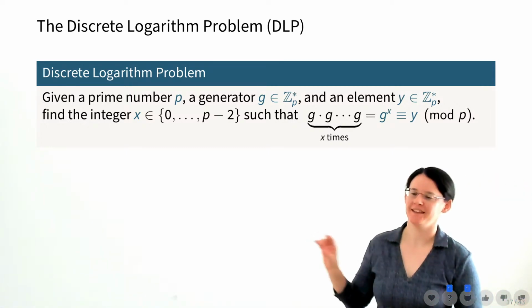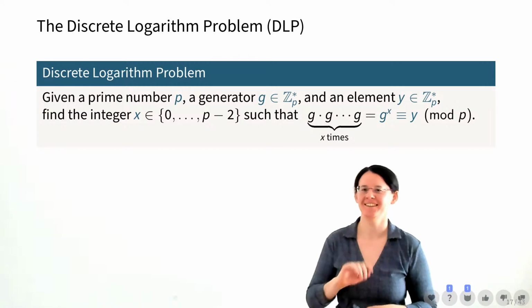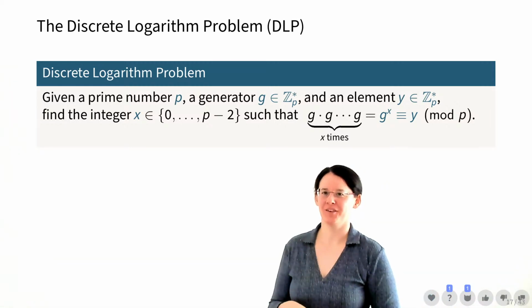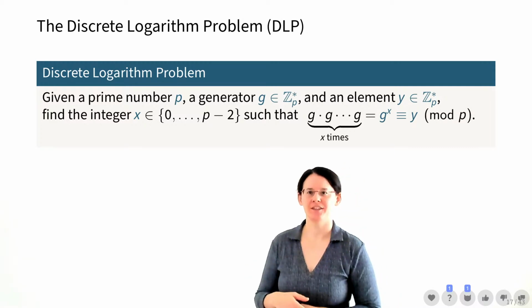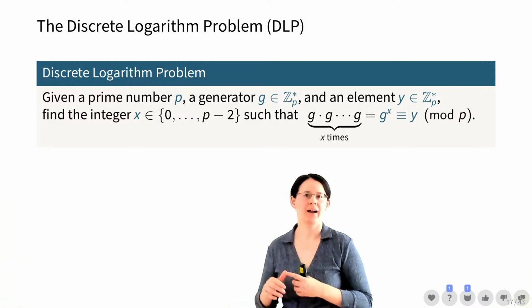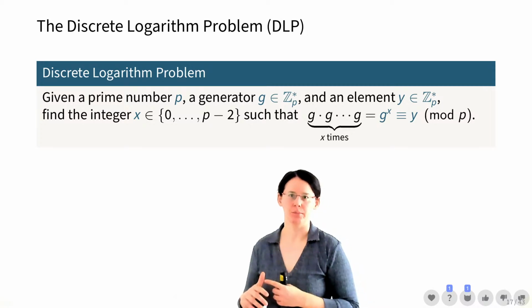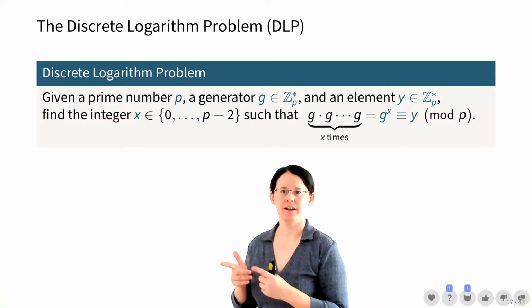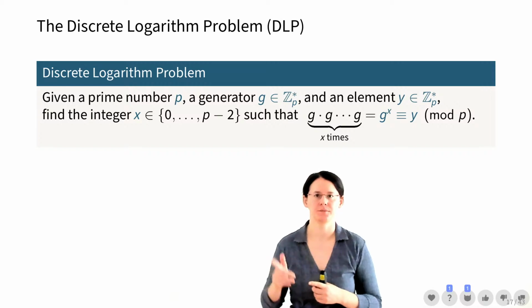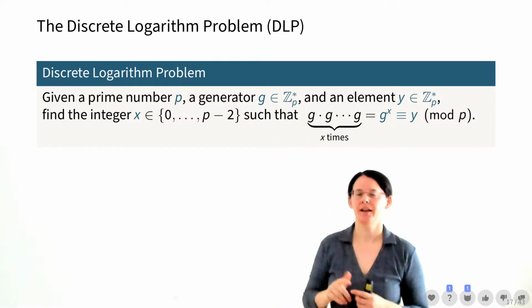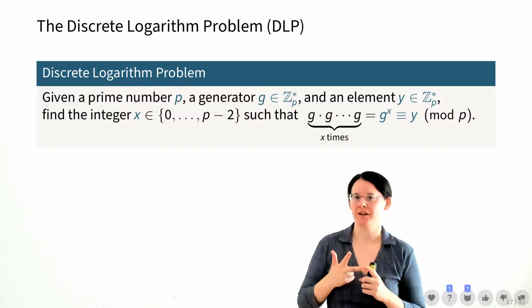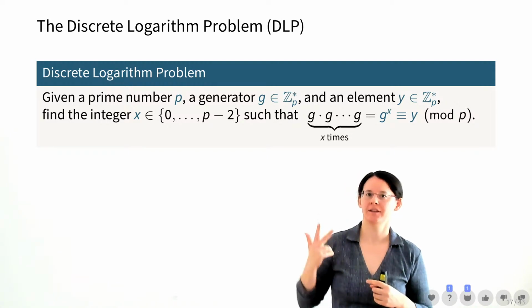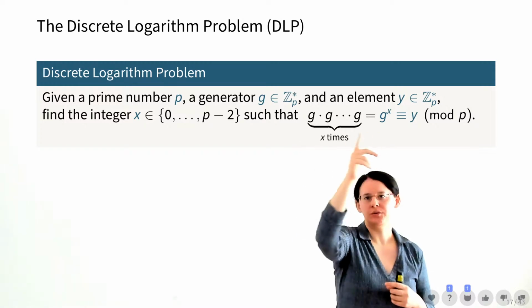So, the discrete logarithm problem. What's it about? It's about exactly what I just said, namely, if you have a prime number, your modulus, and you have given a generator of this group, so of the set ZP star, and you have a challenge element Y. That's the element you want to reach. Then the question is, what exponent do you need to use?